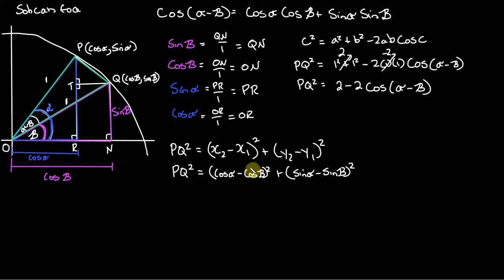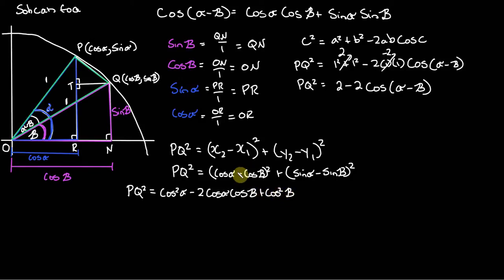however one wants to think about this, but we're just going to multiply these out essentially. And so if I just move this over a little bit to get space, because this is going to be quite a lengthy expansion, these two brackets. So what happens when we expand this out? Well, we get cos squared alpha, minus 2 cos alpha cos beta, plus cos squared beta.